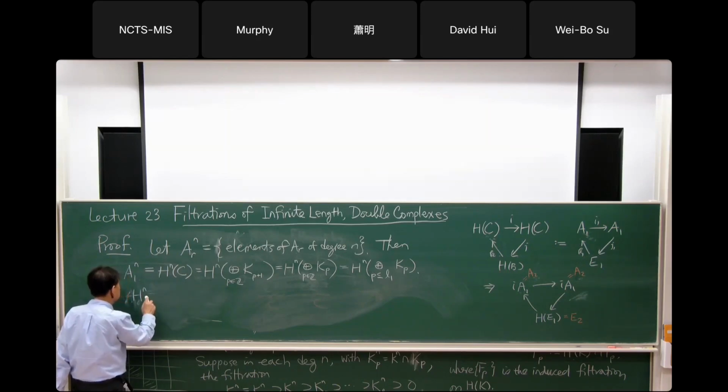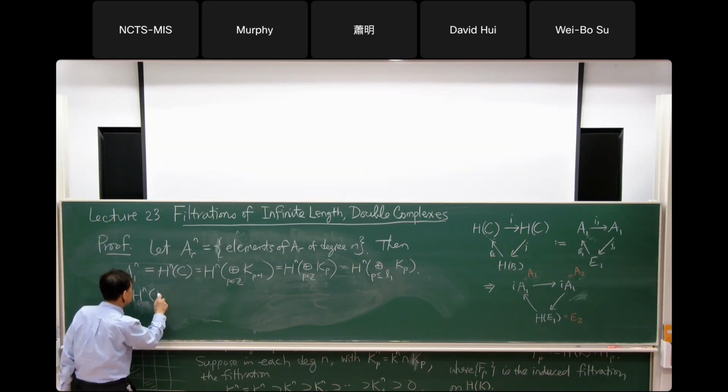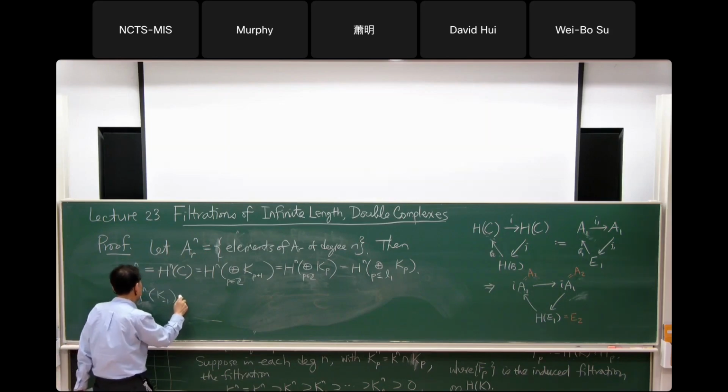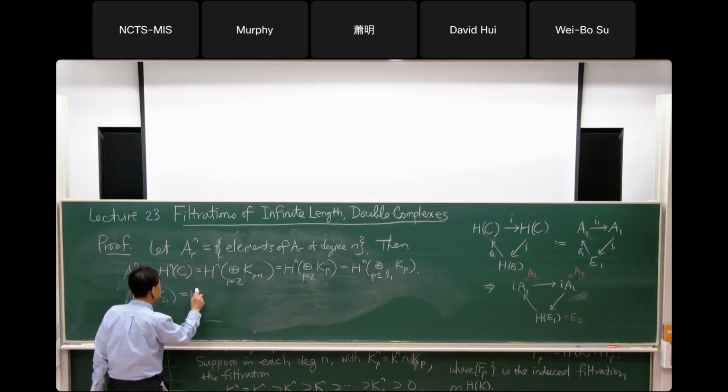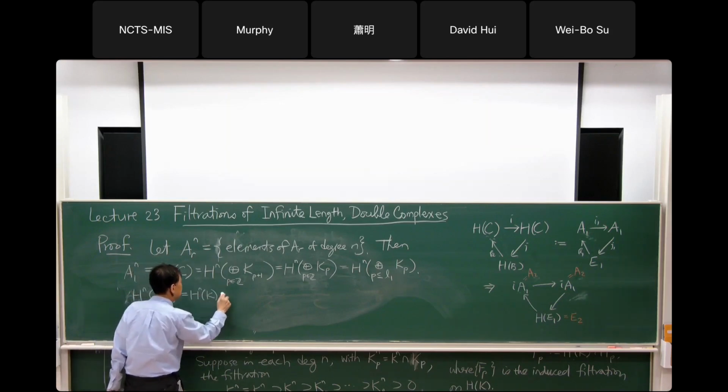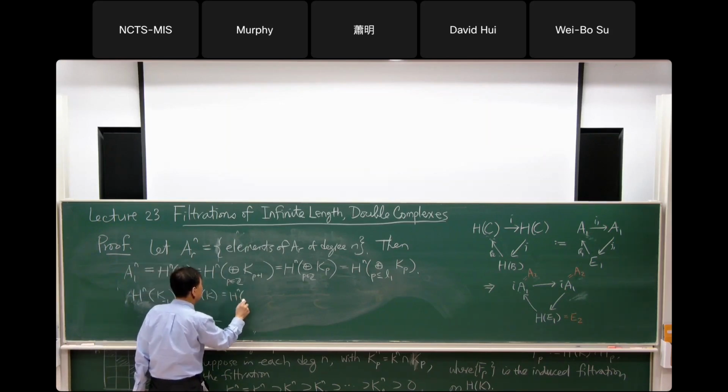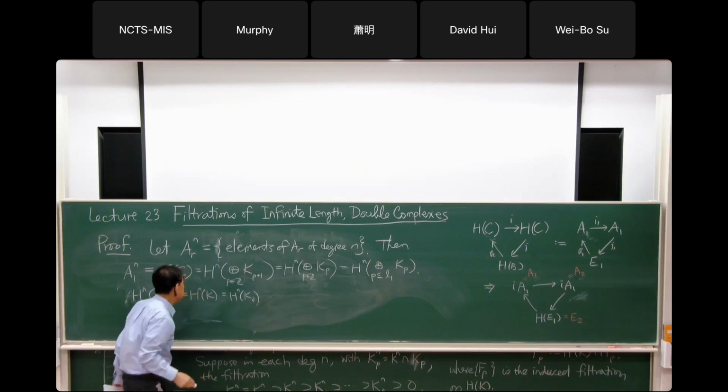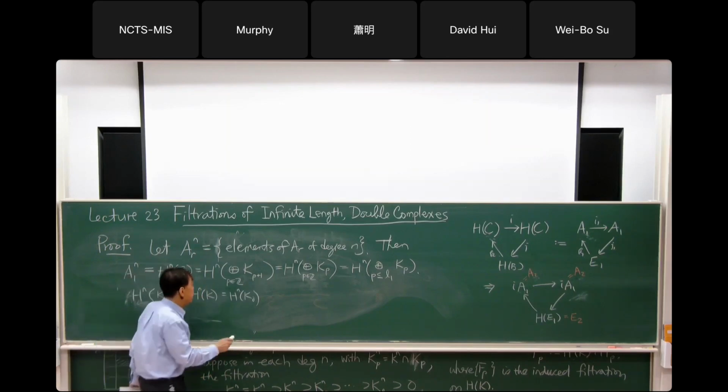When p is negative, H^n of K^{-1}, that's the same as H^n of K^0.